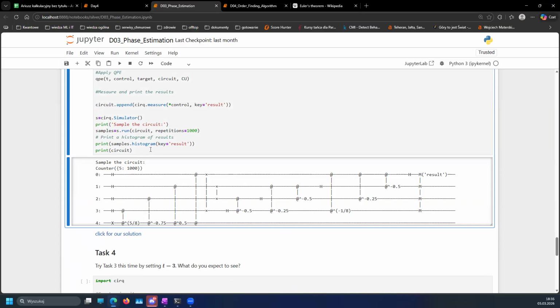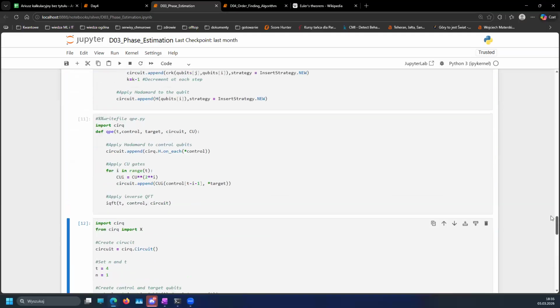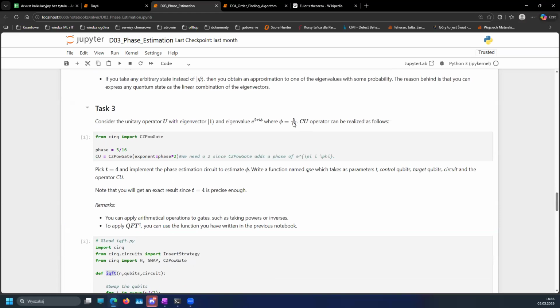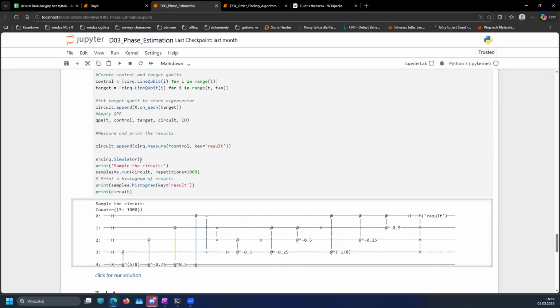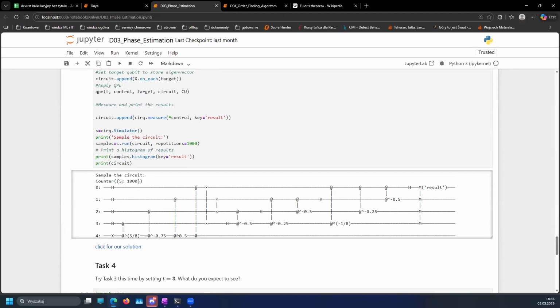So we need to convert it to binary, and then we would get this result. So we get 5, as we could have seen. And since we are using 4 qubits, we need to divide it by 2 to the power of 4, so we get 16. So we obtain an angle of our global phase in the quantum phase estimation.